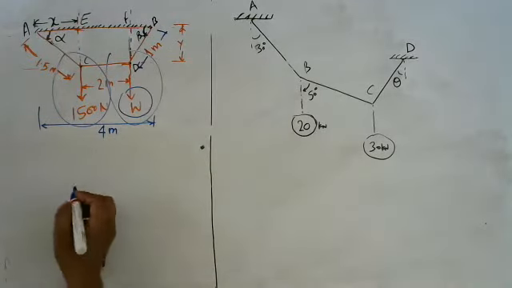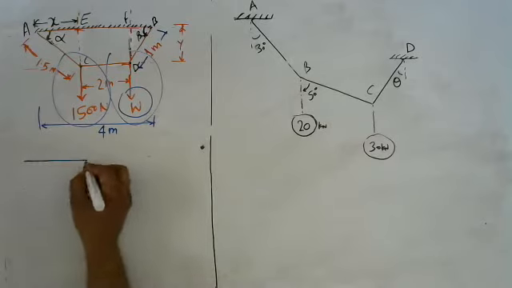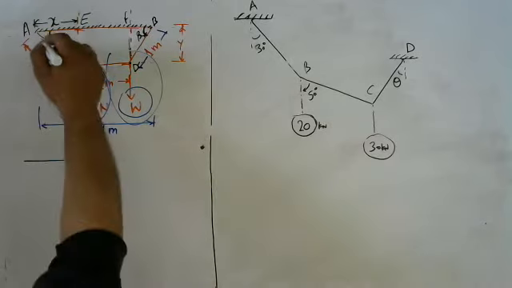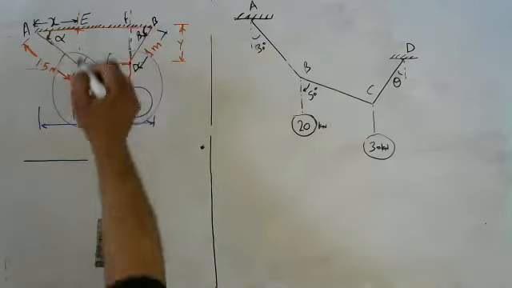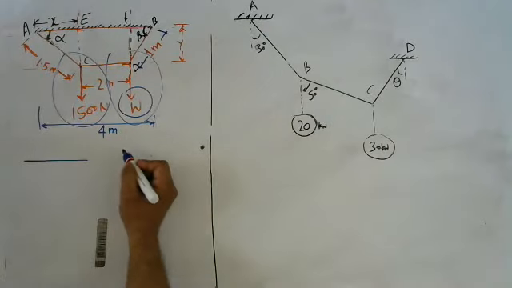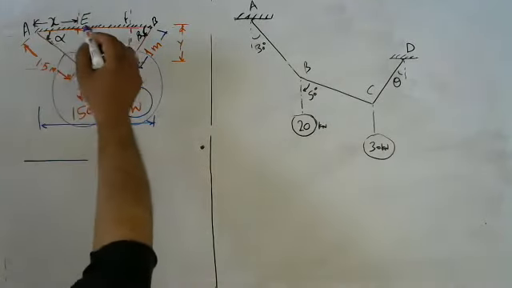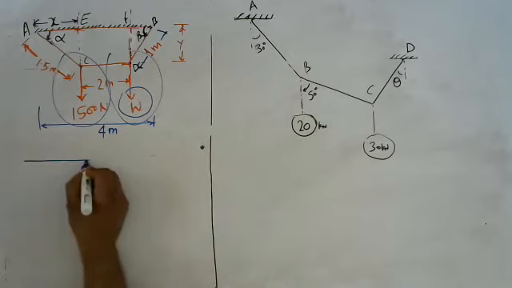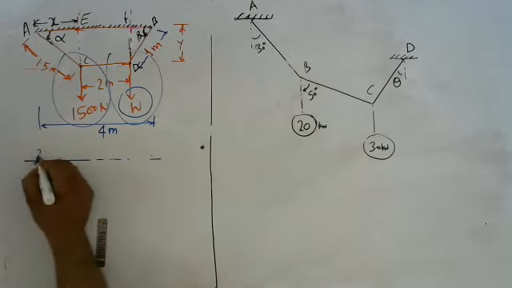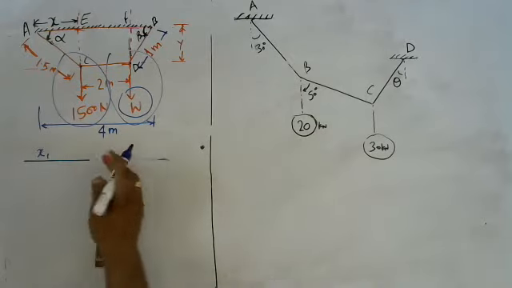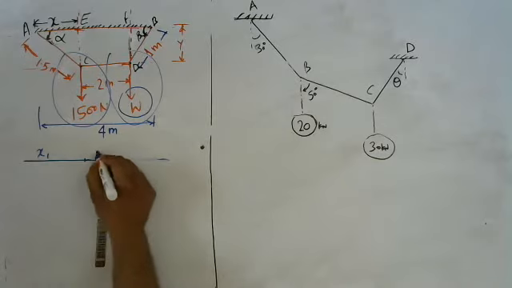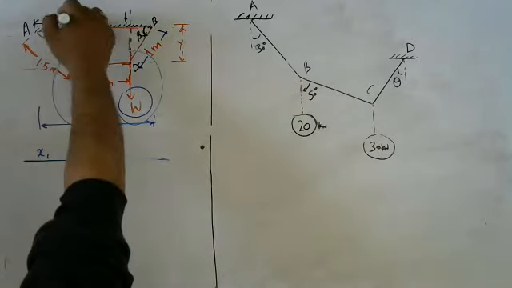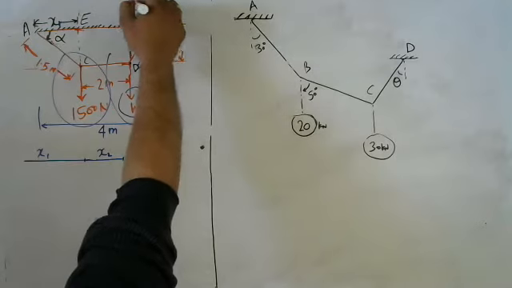I can find out the angle using this geometry. If this total length is 4 meter, let us assume x1 and x2. This is x1 and this is x2.